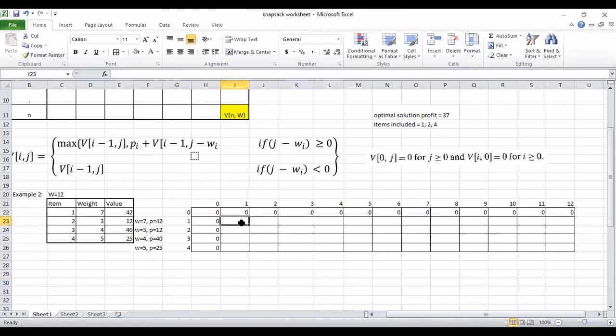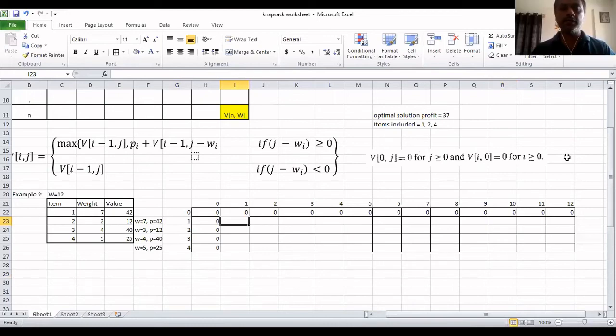So what is V of 1, 1? What is the value you got? 0. The weight of the first item is 7. Capacity is 1. Can we accommodate?